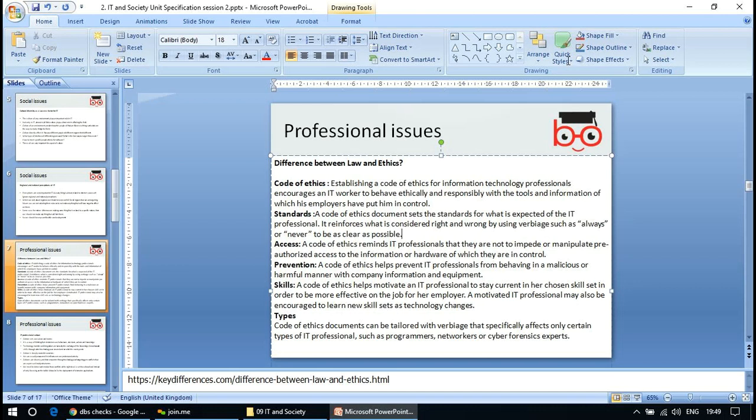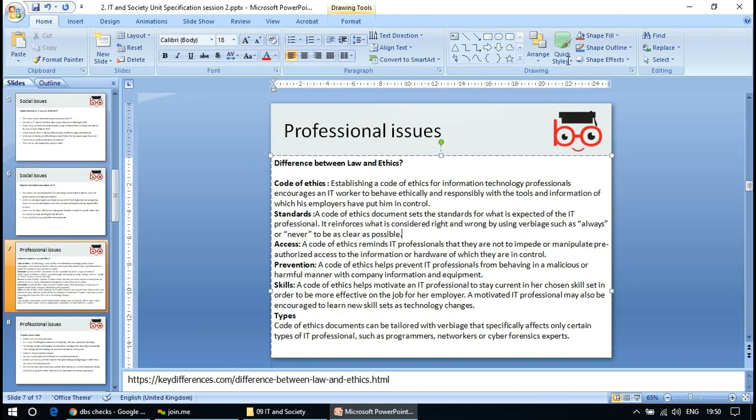Access: a code of ethics reminds IT professionals that they are not to impede or manipulate pre-authorized access to the information or hardware of which they are in control. So obviously we are talking about ethics. Ethically, even if you are authorized, you should not manipulate the data without authorization.